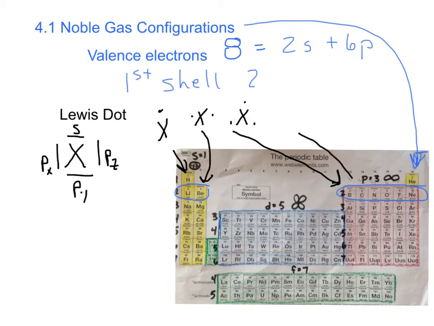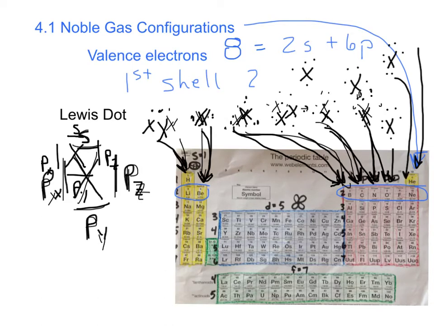Then we have carbon's column, where we get 4 valence electrons. And we have nitrogen's column, where we have 5 valence electrons: 2 on the top and 1 on each side. We have oxygen's, where we have 2 on the top, then we put 1 in each of the P and go back in pair.